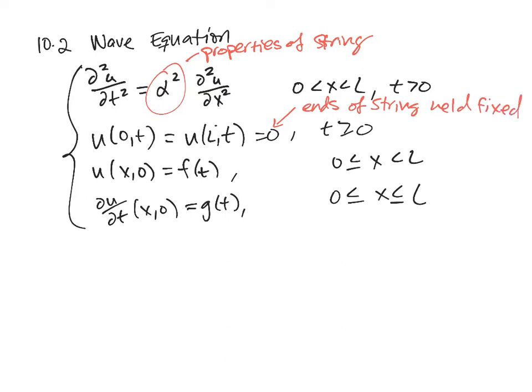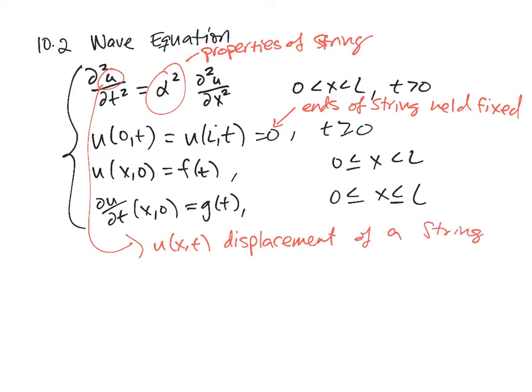And then because I didn't really write this down here, u is the displacement of a string at location x and time t.